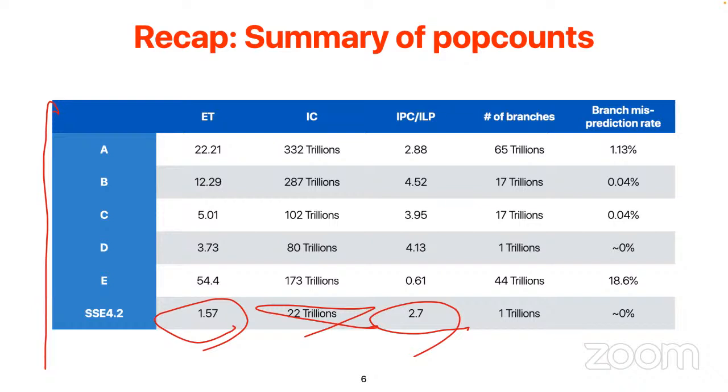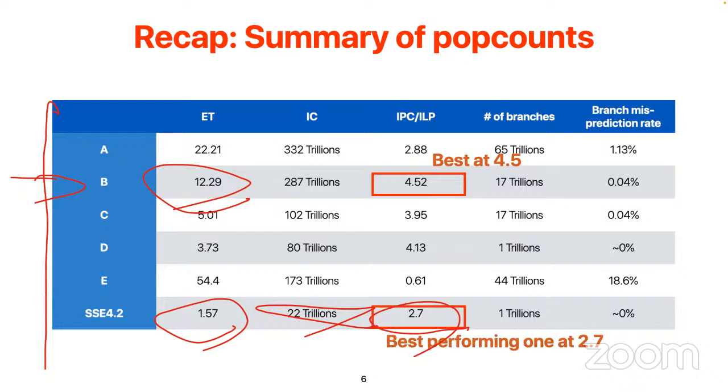And the best one, like B, has 4.5 IPC, or say 0.2 something CPI. But what about performance? It's not the best, not the second best, not the third best. And the best performing one only has 2.7.